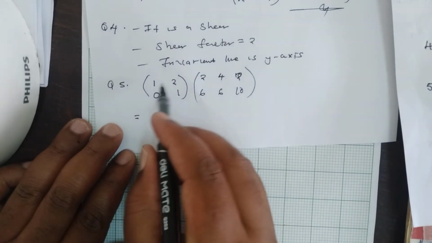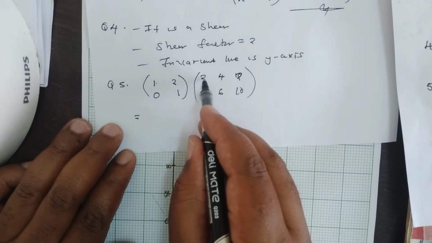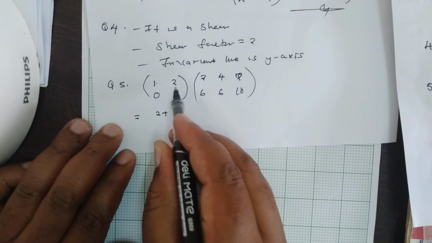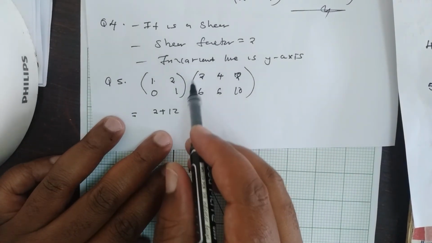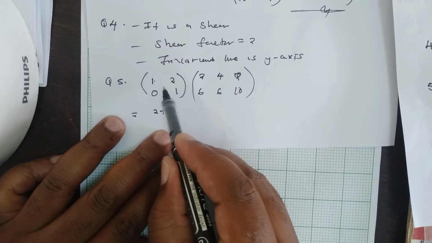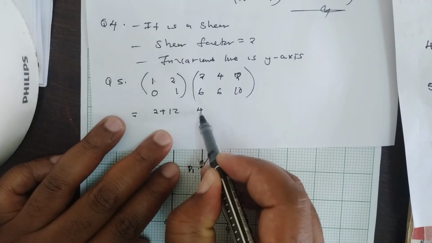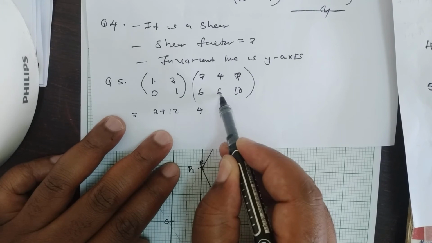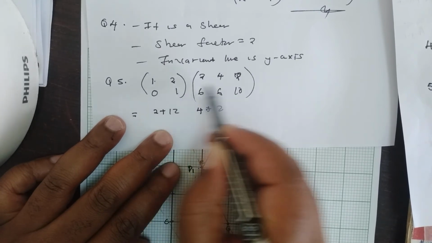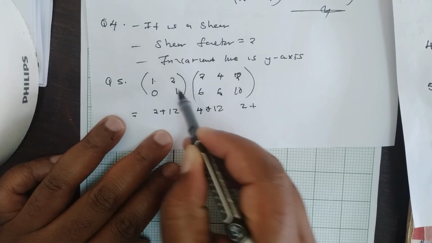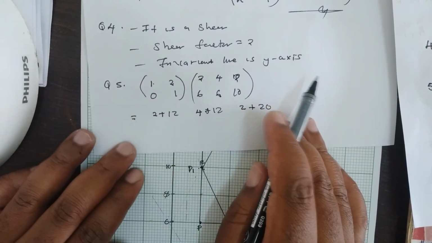So we are going to say this by that, that is 2, plus this by that, that is 12. Then this by that, that's 4, then 2 by 6, that is 12. 1 by 2 is 2 plus 20.